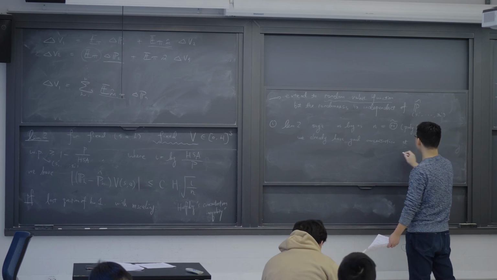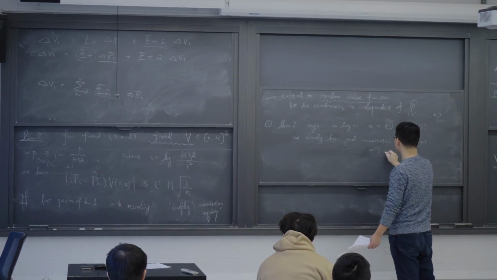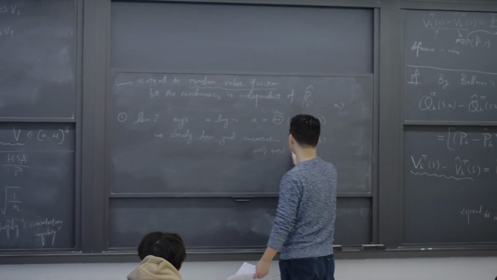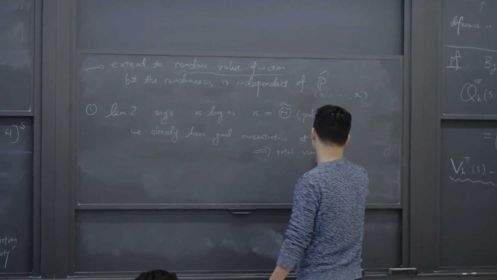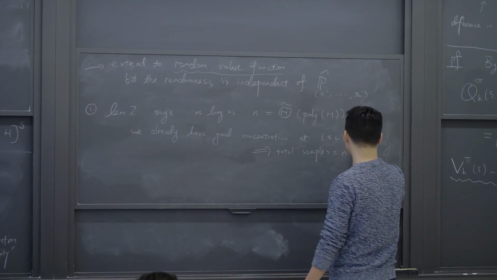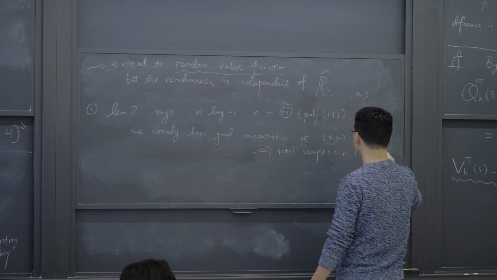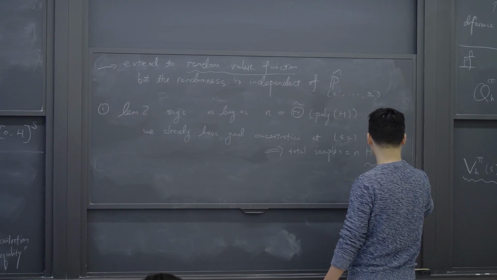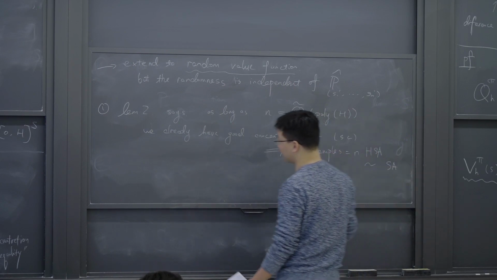So that means the total number of samples is again n times H S A, which will be scaling as SA instead of S squared A.